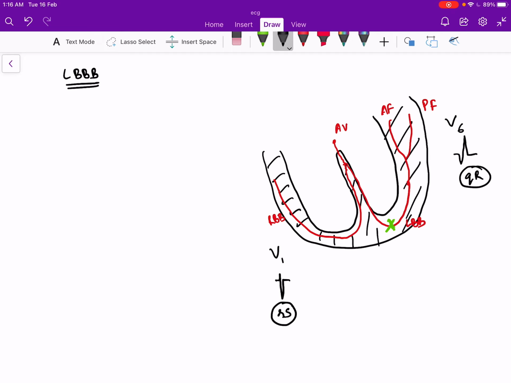If this left bundle branch is blocked, how will the activation of the ventricles be, and how will the ECG changes be?